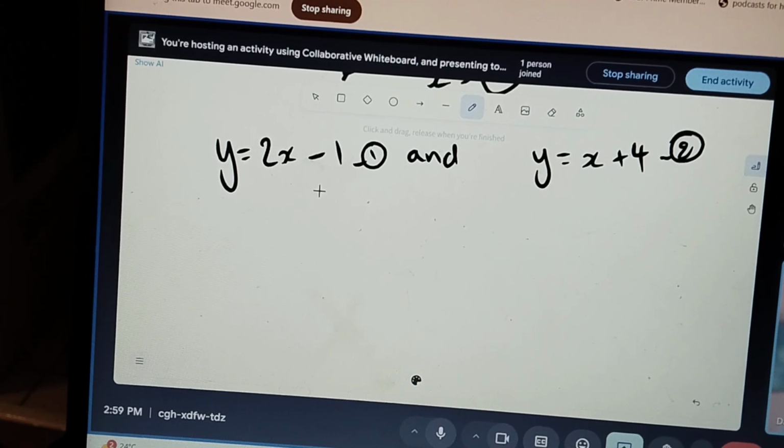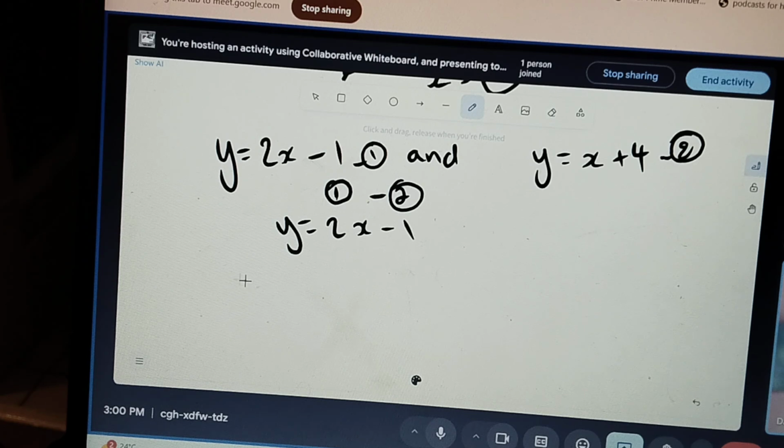I'm going to say equation 1 minus equation 2. I can do that because the y's both have a coefficient of 1. It's both just a single y. So y equals 2x minus 1, subtract y equals x plus 4.